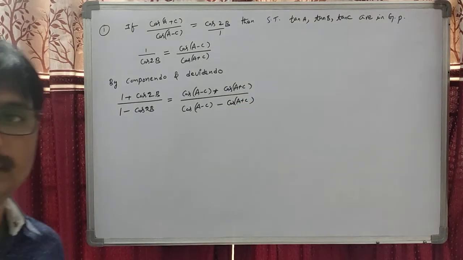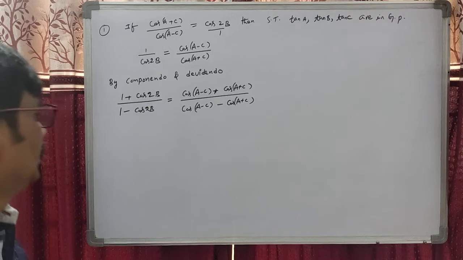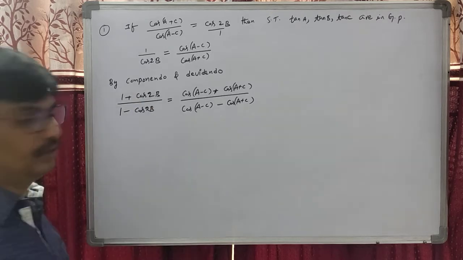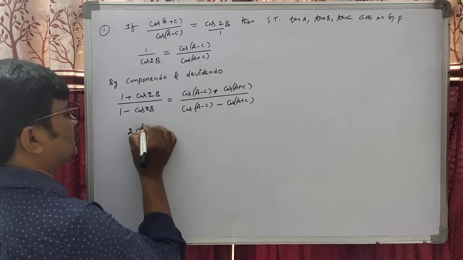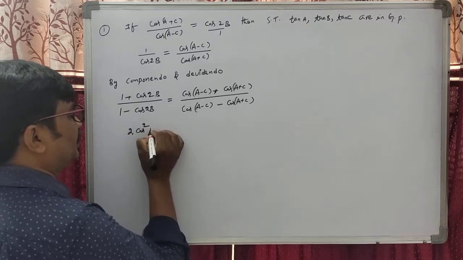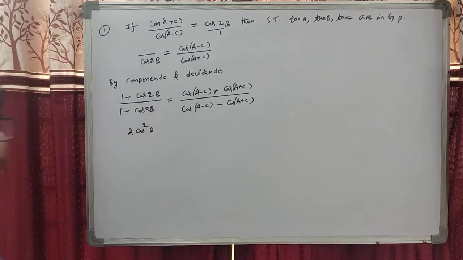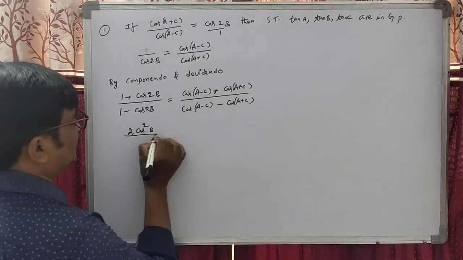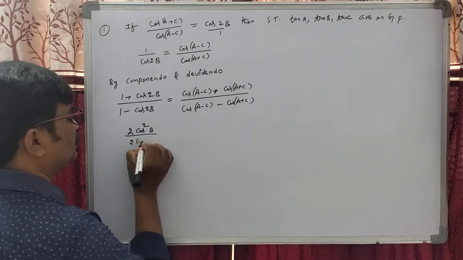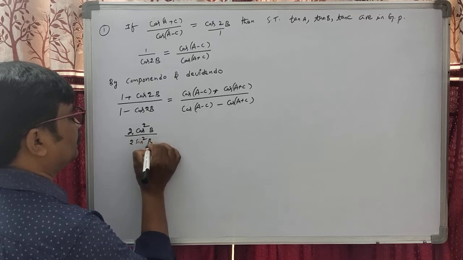Dear students, already we know that 1 plus cos 2a is 2 cos square a, so here 1 plus cos 2b is 2 cos square b, and 1 minus cos 2b is 2 sin square b.